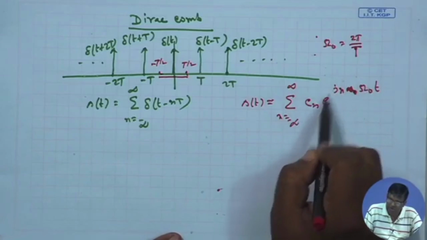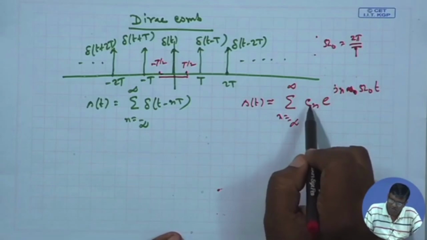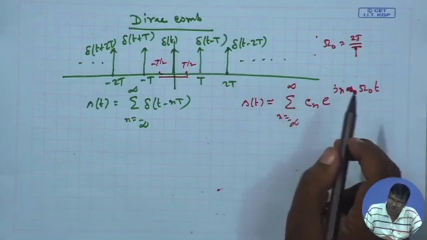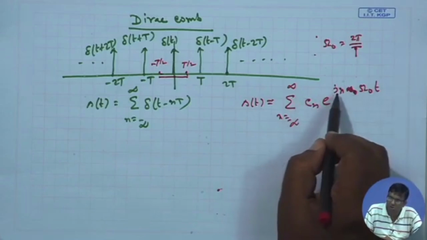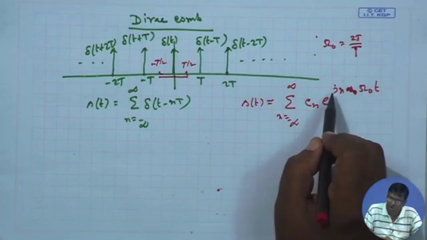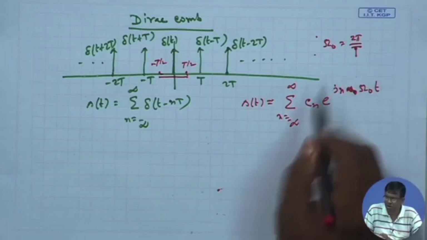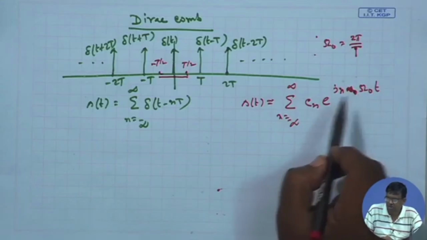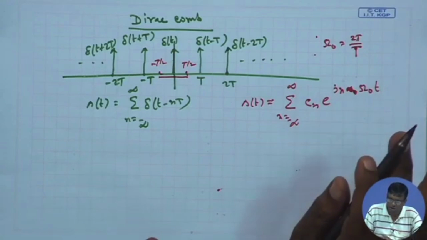The nth harmonic has the form e to the power j n omega naught t, so n times capital omega naught is the frequency, and the corresponding coefficient is C_n. It is a superimposition of such terms, but these are discrete, because it is either C_0, or C_1 with e to the power j omega 0 t, or C_2 with e to the power j twice omega 0 t, or thrice omega 0 t, and so on, or minus omega 0 t, and so on. So some discrete frequencies are present: omega naught, twice omega naught, minus twice omega naught, minus 3 omega naught, plus 3 omega naught, and so on.